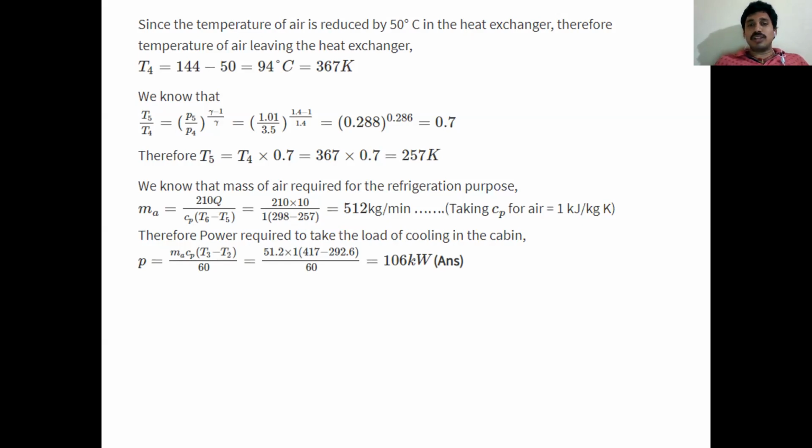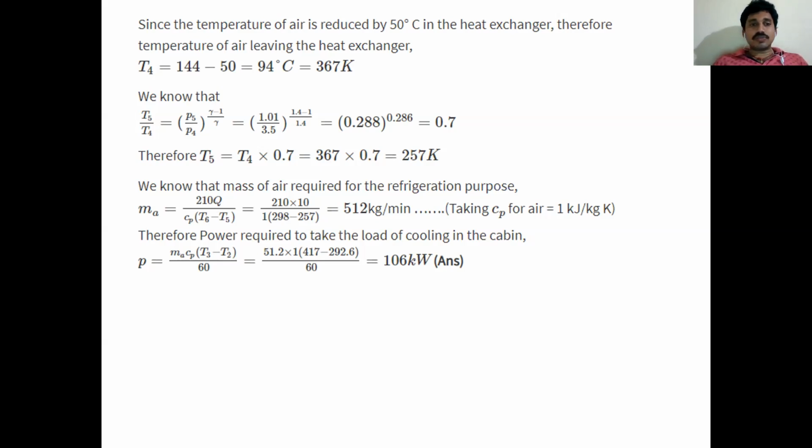Except m_a, every value we know. Q is 10 TR, Cp for air we can assume as 1.005 or 1. Here in this problem they assumed 1. The T6 and T5 values we already know. By substituting all values, the m_a value is obtained as 512 kgs per minute. If I take 3.517 instead of 210, you will get kgs per second.